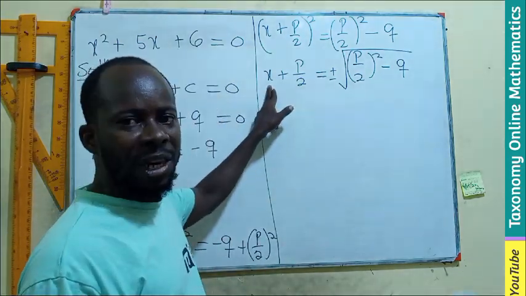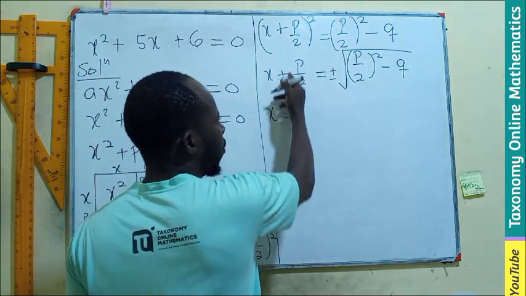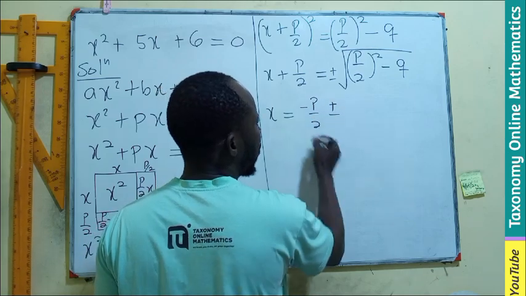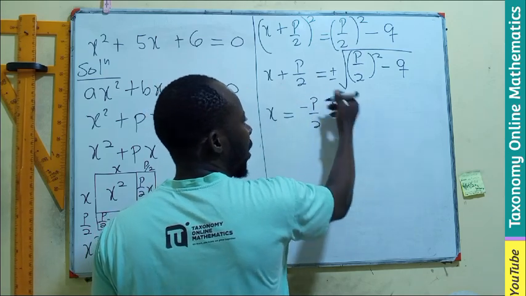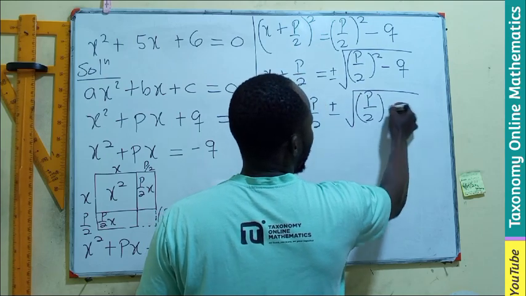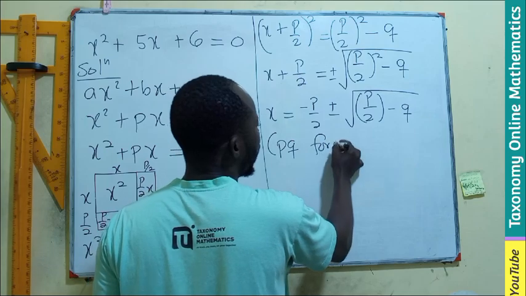It is the x you are interested in, so maintain that x. Transpose this from positive to become negative p over 2, plus or minus. Remember, it's going there, so it's being added onto this p over 2 squared minus what? q. This is the pq formula.